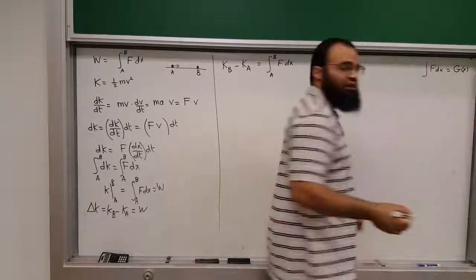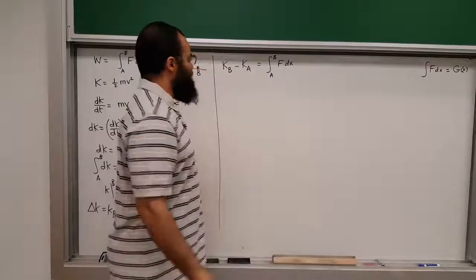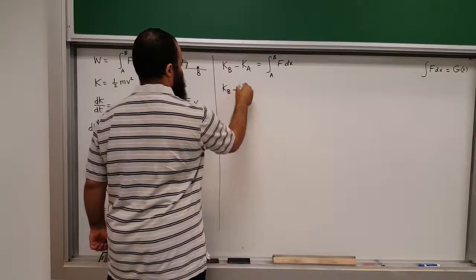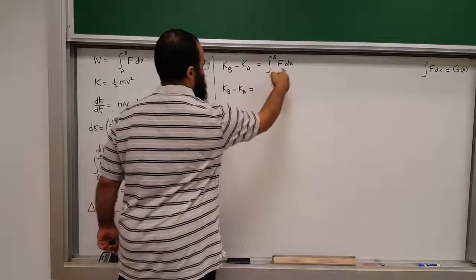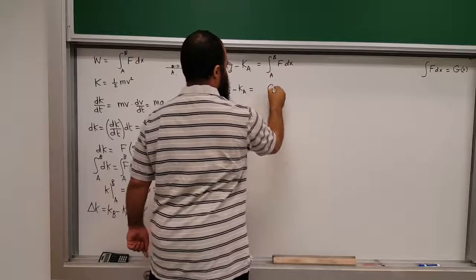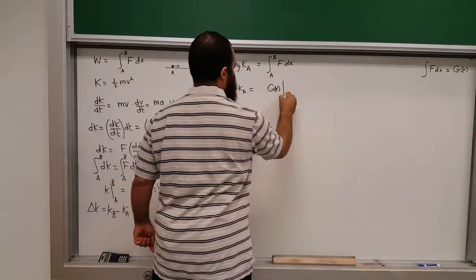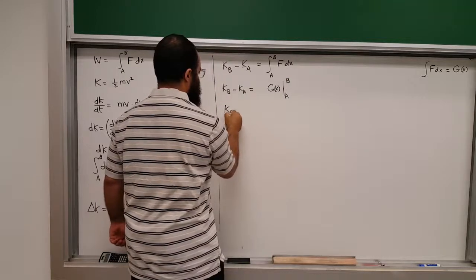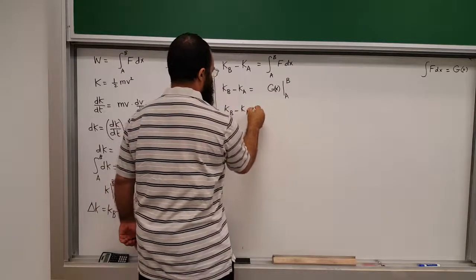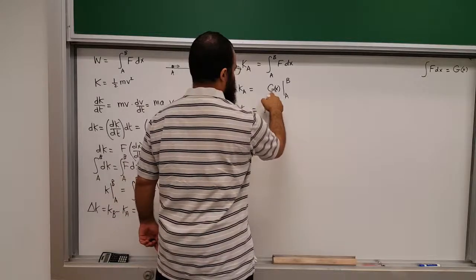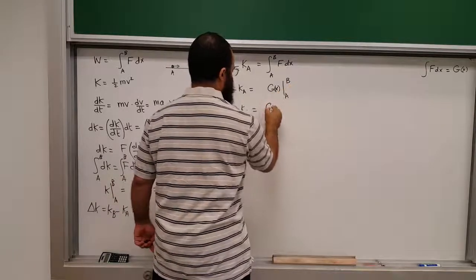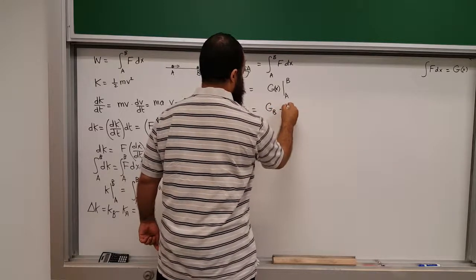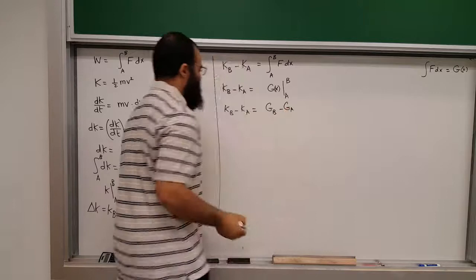So we get K_B minus K_A equal to g of x evaluated between points A and B, which gives the function evaluated at B, g_B, minus g_A. So here is the problem.